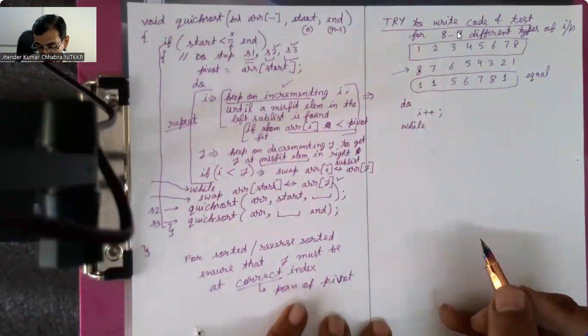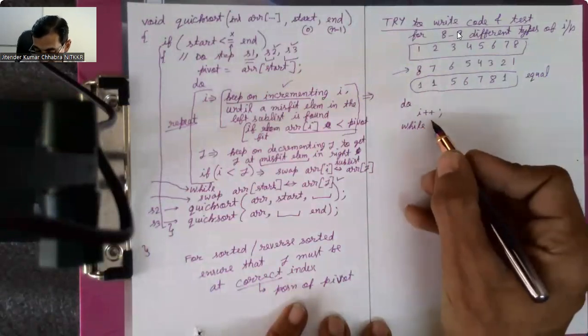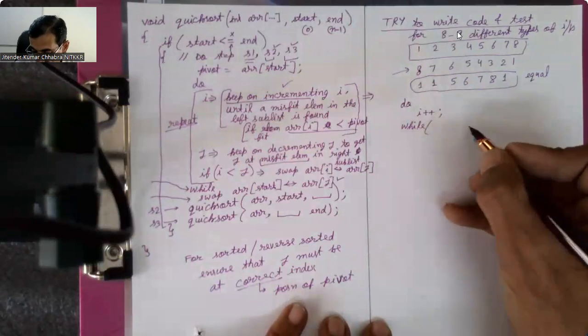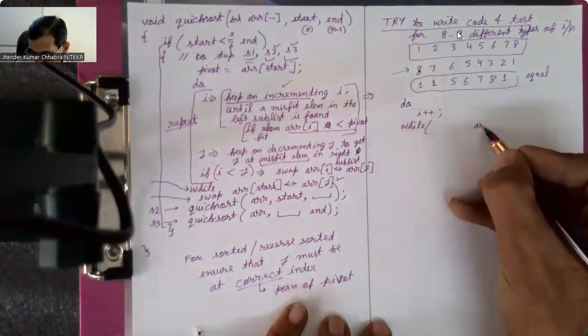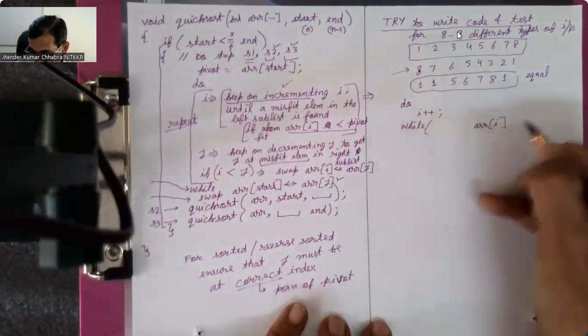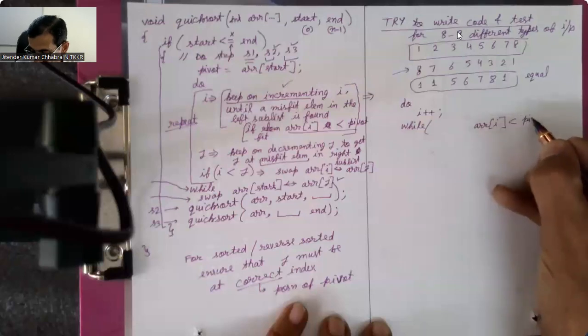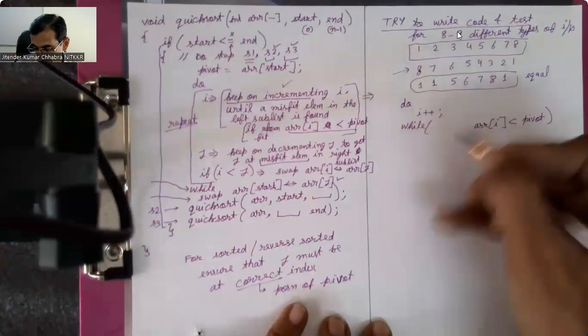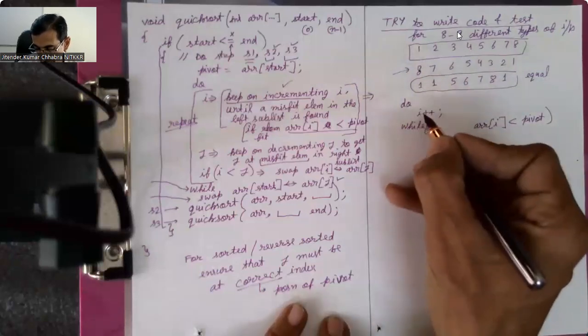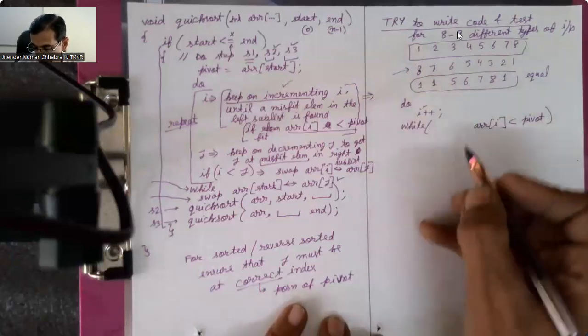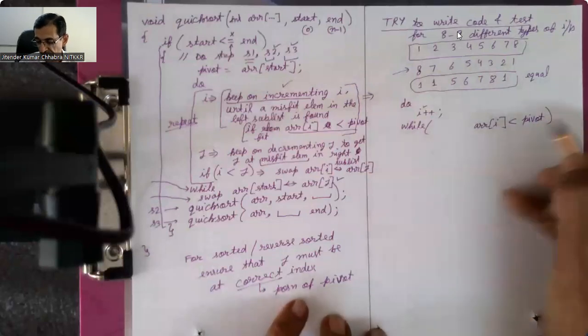But you have to ensure every time I resumes from the next element wherever you earlier stopped. So I'll say do while. Do while what? If the element is less than pivot, this is acceptable in the left sublist, so this should continue and increment. There is a single statement, so I need not put braces. Even if I put braces, that will be fine.